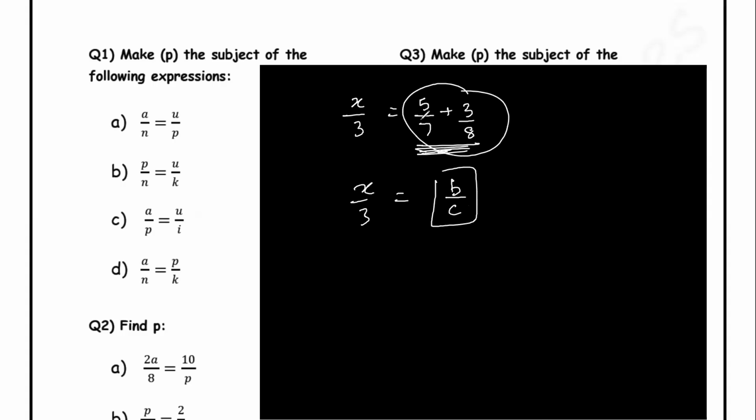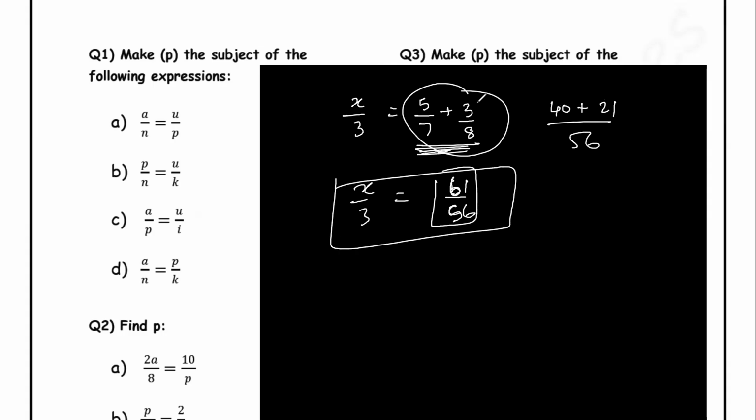So whatever this is, let me actually work it out. 7 8s are 56, 8 5s are 40, and 7 3s are 21. So you get 61 over 56. Now see, that limitation which I spoke to you about has been taken care of if you are simplifying it in this way, and then using the trick that 61 times 3 over 56, that's my answer.